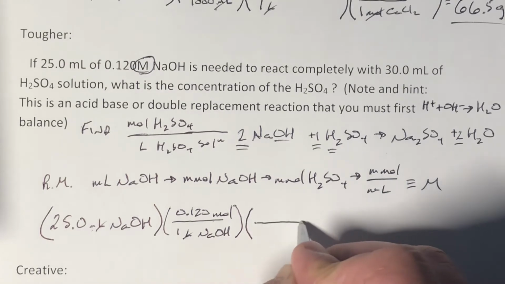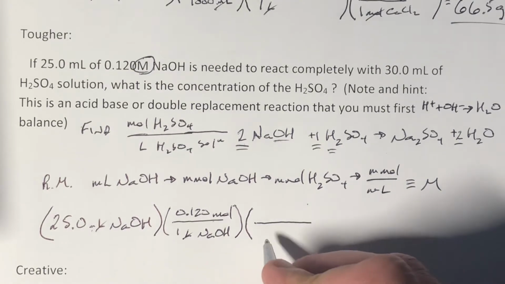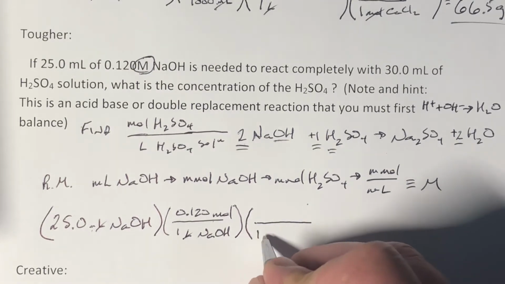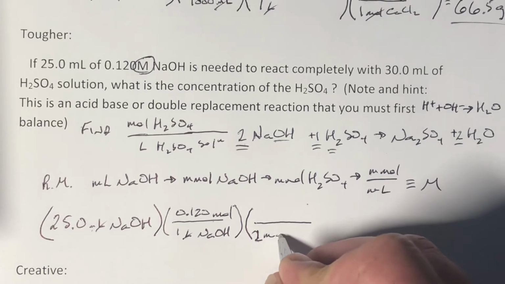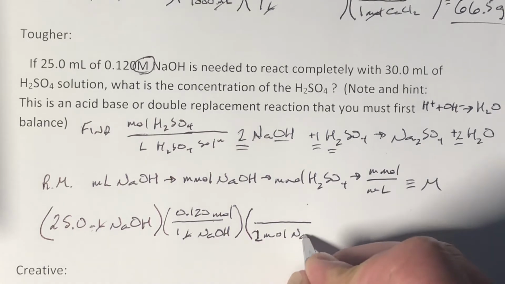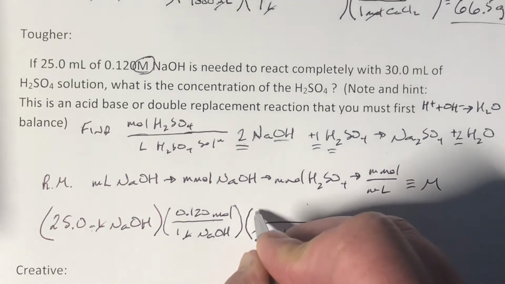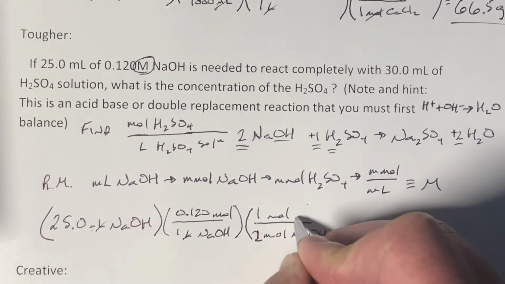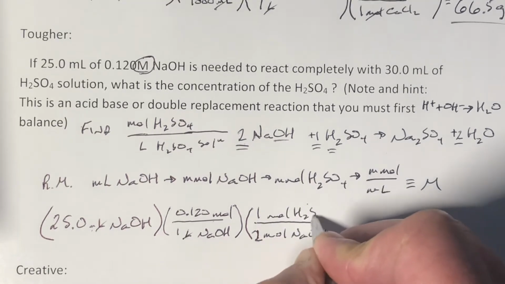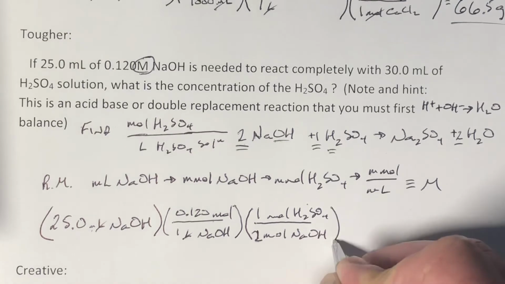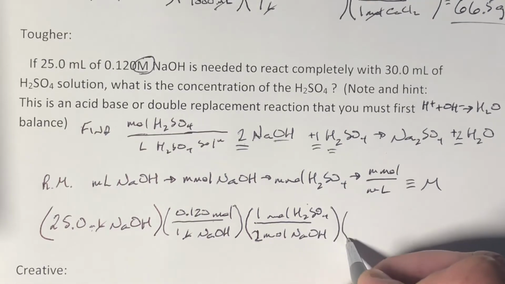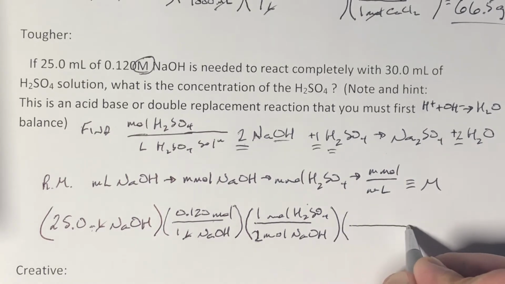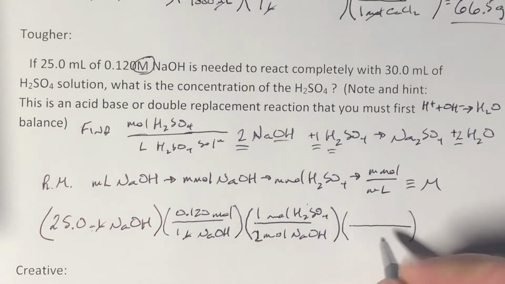All right, the chemical reaction lets me go from 2 moles of the sodium hydroxide to 1 mole of the sulfuric acid. So at this point, again, I'd have millimoles of sulfuric acid, and then I can do some trickery some people don't like.